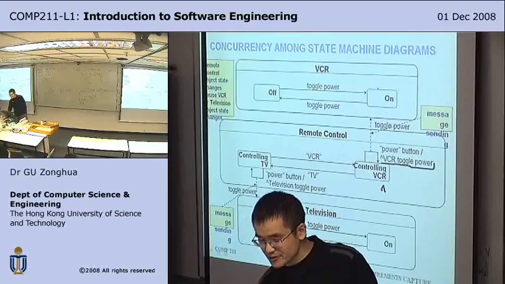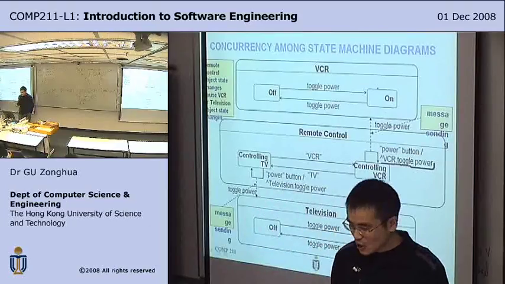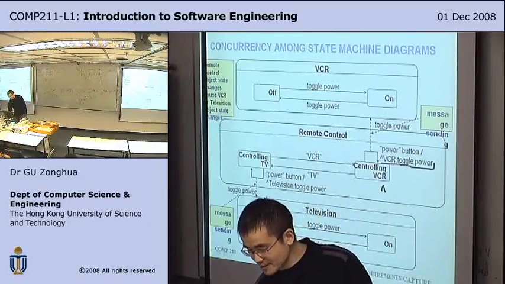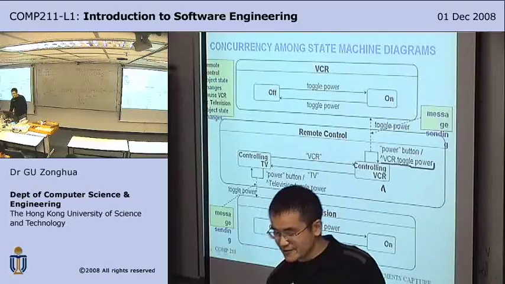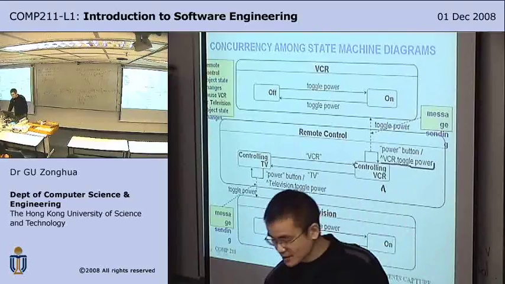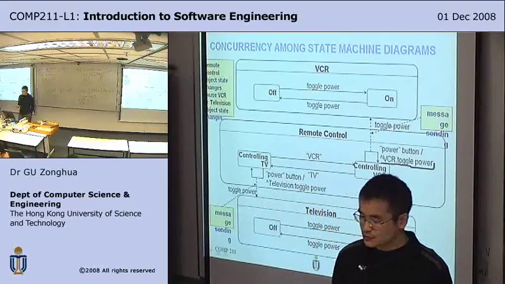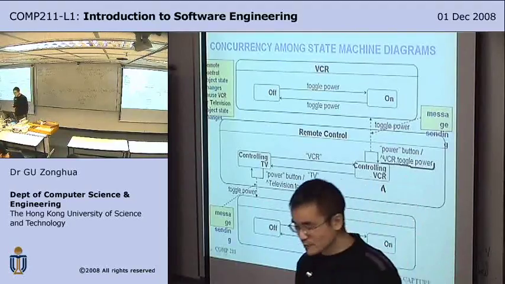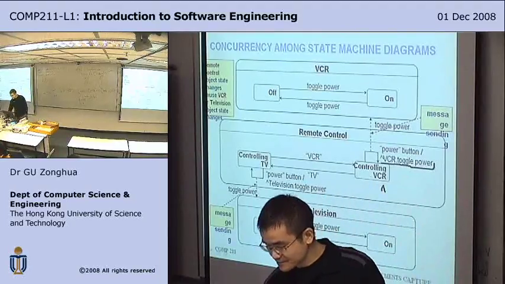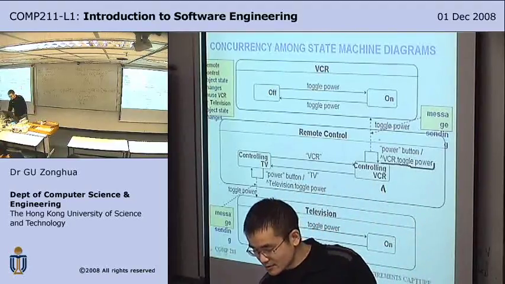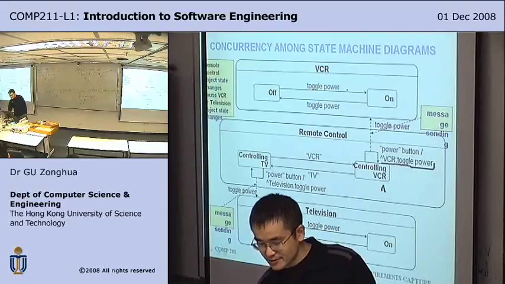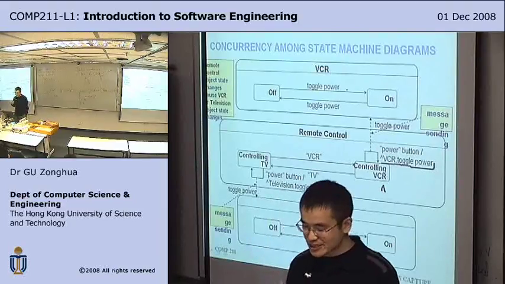VCR is the other class name. Dot is the event name in the other state machine. So it means send the outgoing message to the VCR object with the toggle power event. And then VCR gets it and makes a transition.